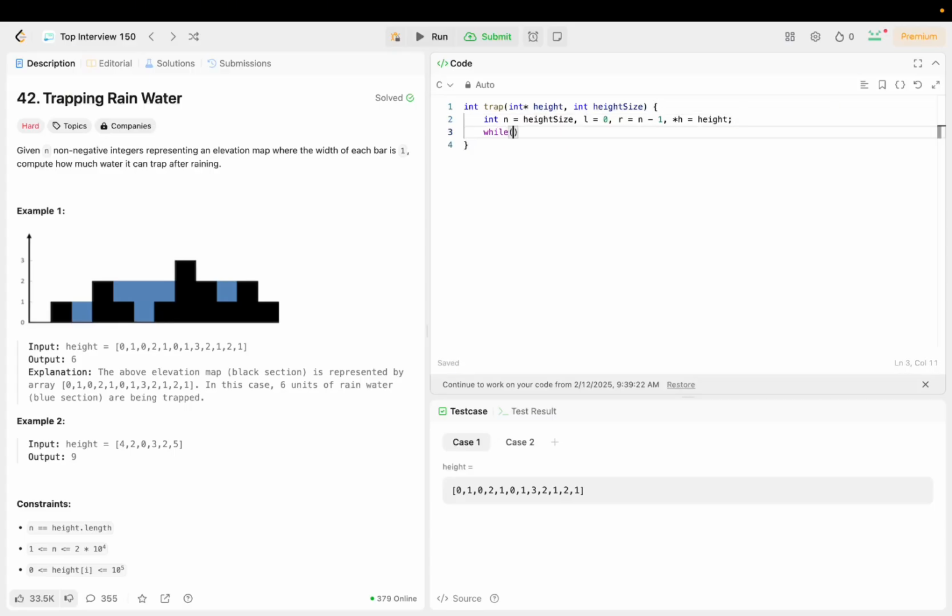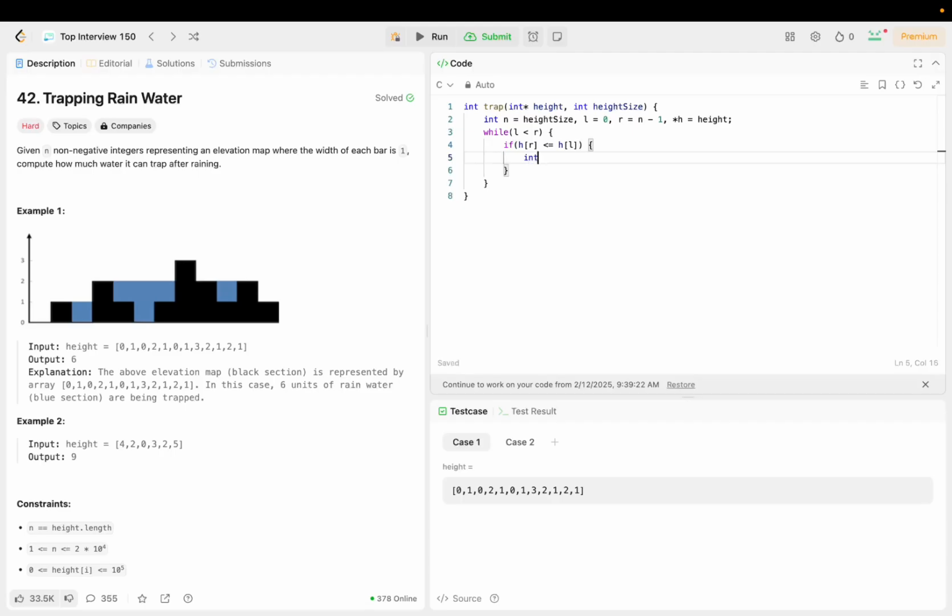So as we said, while left is less than right, what we should do is compare if h of r, I'm just copy pasting the algorithm, is less than or equal h of l.